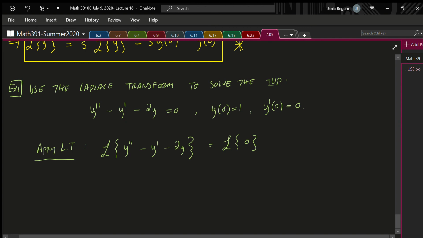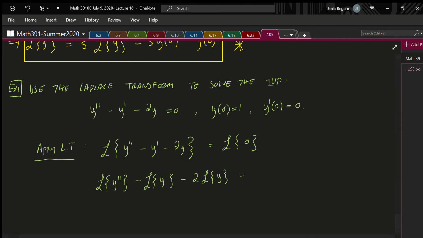So we can do the Laplace transform of y double prime minus the Laplace transform of y prime minus 2 times the Laplace transform of y equals, what's the Laplace transform of a constant? Right, 0.